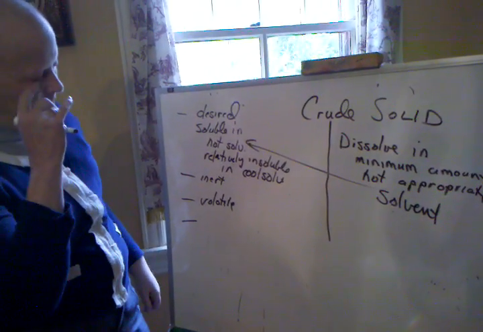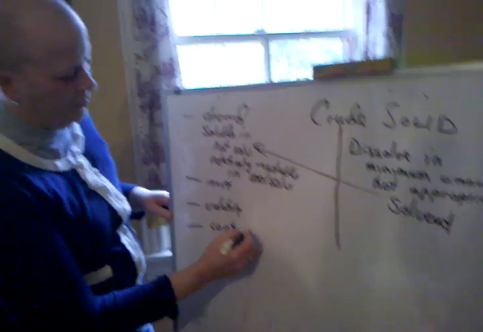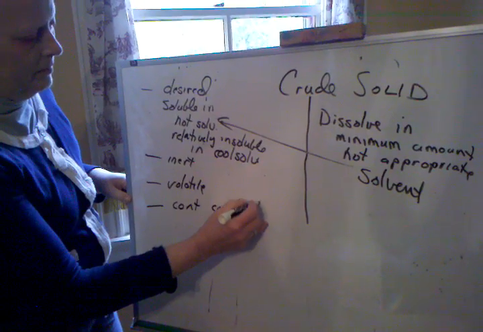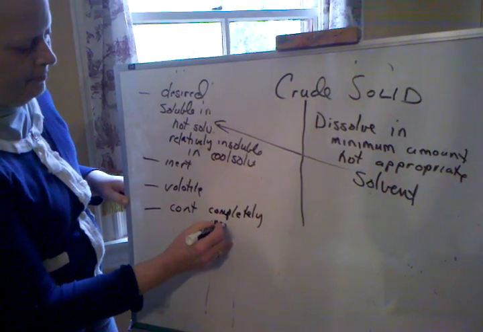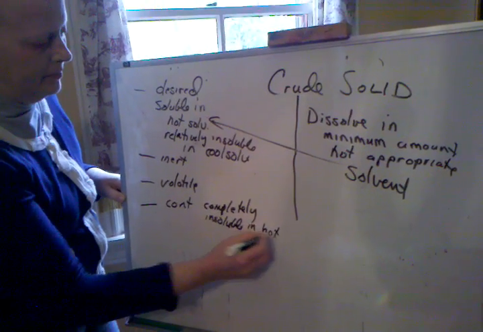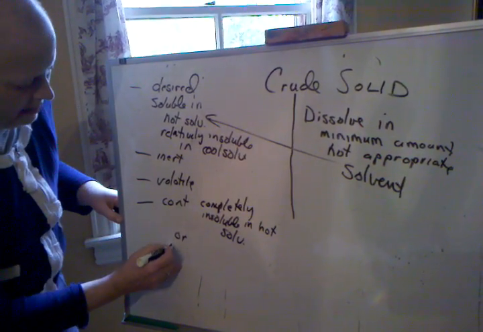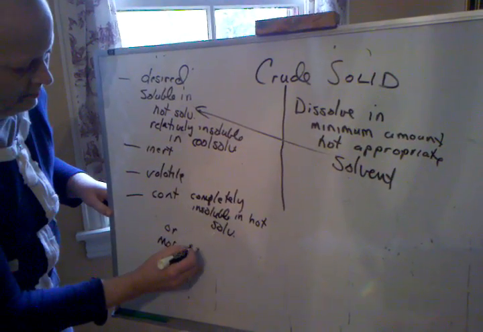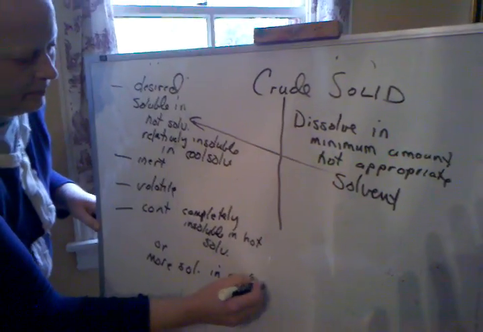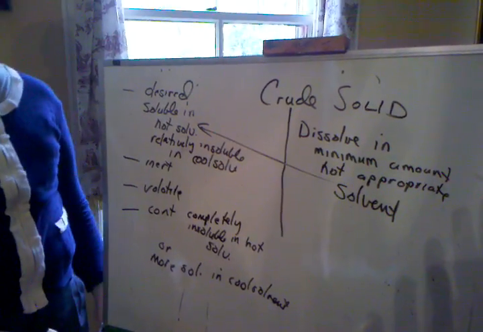You'd also want the contaminants to either be completely insoluble in the hot solvent or more soluble in the cool solvent. Okay? This is kind of like the parameters for it, all right?